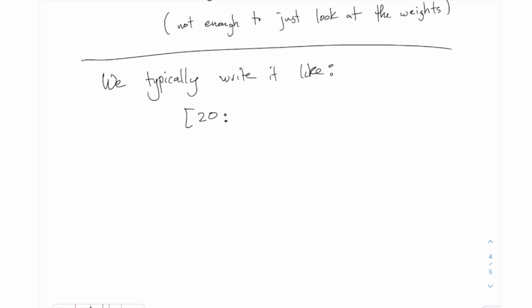So I'm going to put this bracket, and then the quota goes first. That's the 20 in that example. And then I'm just going to write down each of the weights in order from biggest to smallest. So in that example, it was 12, 10, 5, 1, 1. All right. So when you do homework problems about this, I'm going to say, here's an example of a weighted voting system, and I'll just write something like that.